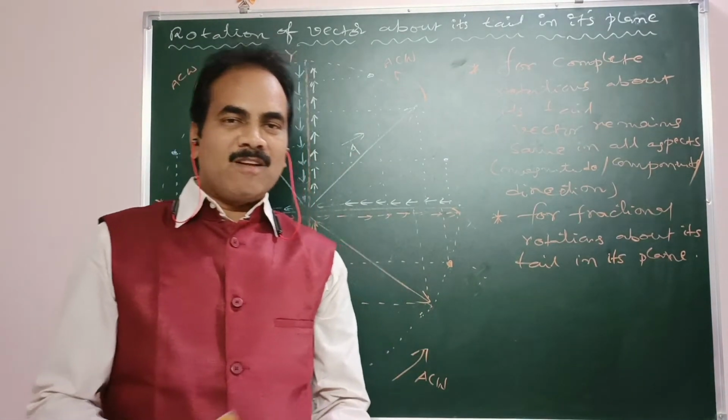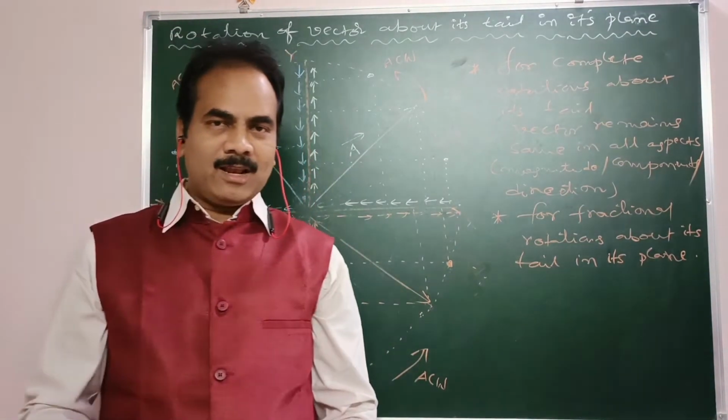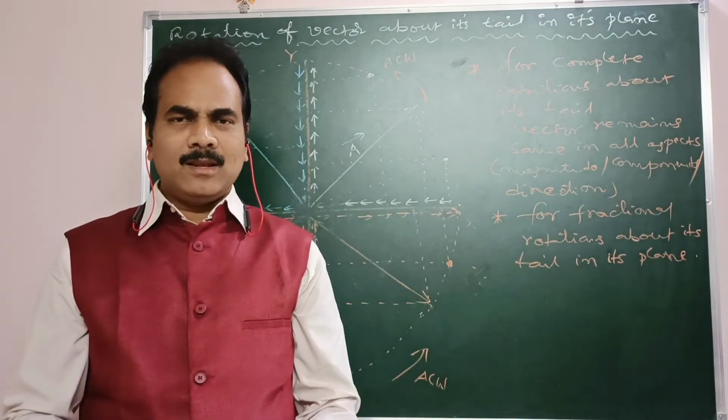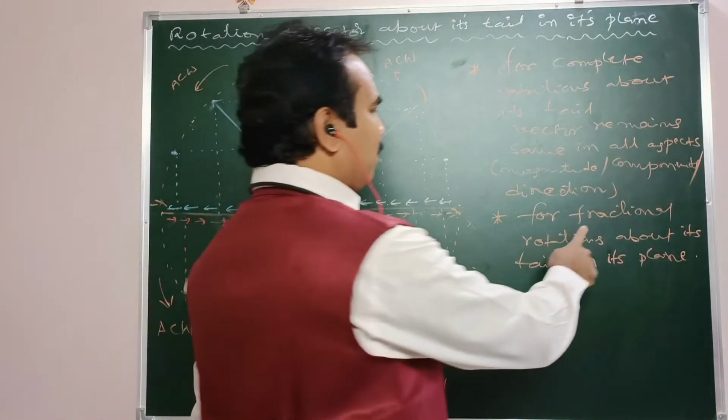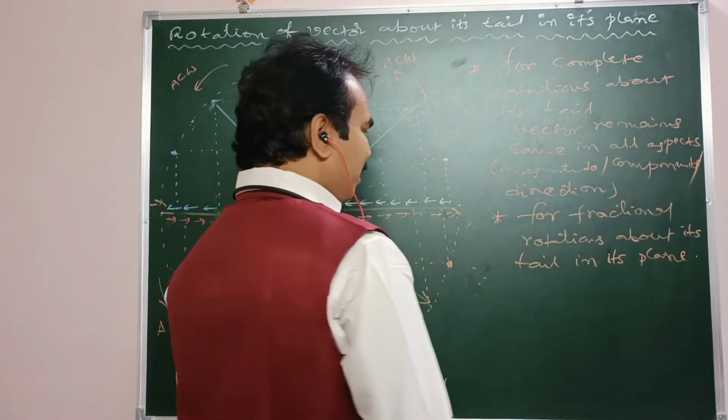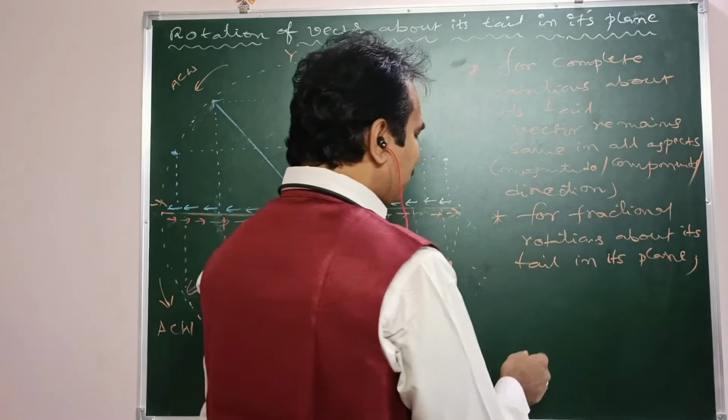So during the rotation of vector about its tail, there is no change in total magnitude or total length of the vector. So for fractional rotations about its tail in its plane, what happens?